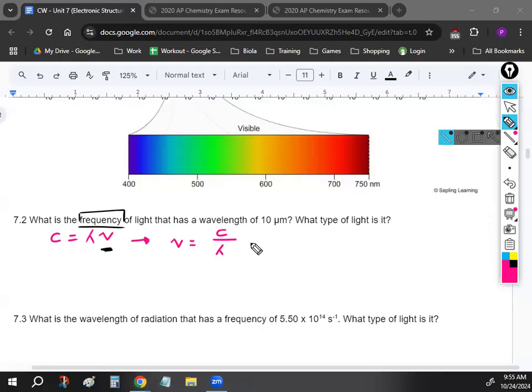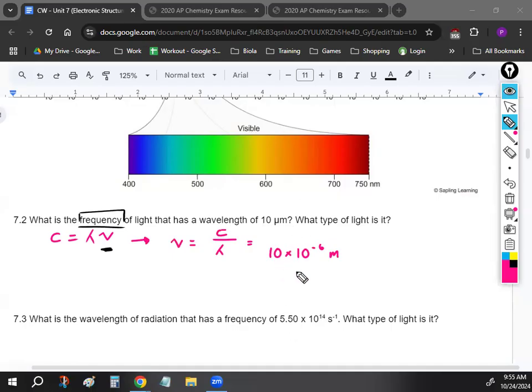So our wavelength is going to be 10 times 10 to the negative 6 meters. So far so good?